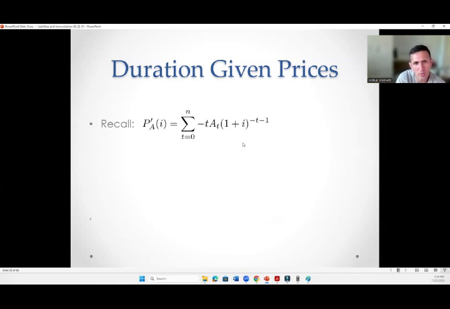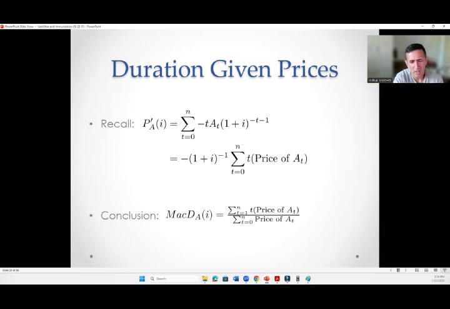So remember the formula for Macaulay duration: you take minus P prime over P times 1 plus i. What does that do? You divide by the price, which is the total price, but multiply by 1 plus i and take the minus. That gets rid of this pesky term here. You just have this over the total price.